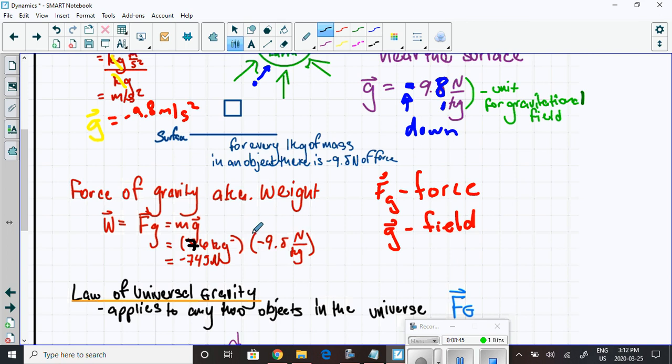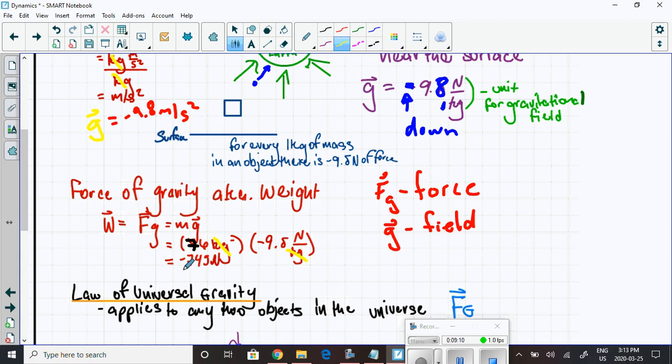I multiply them together, and I get 76 kilograms times negative 9.8 newtons per kilogram, and there's my answer in newtons. The reason it is in newtons is the kilograms cancel out. All right, and my weight, my force of gravity due to the Earth's gravitational field strength, is negative 749 newtons.